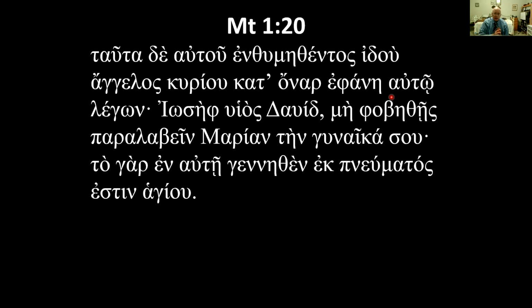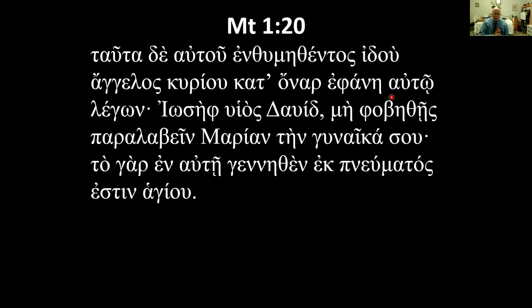We have tauta, which is the neuter plural of these things. Now, de is also introducing a new topic, a new subject, a new person. After he had considered these things is how I think we have to translate this first part.